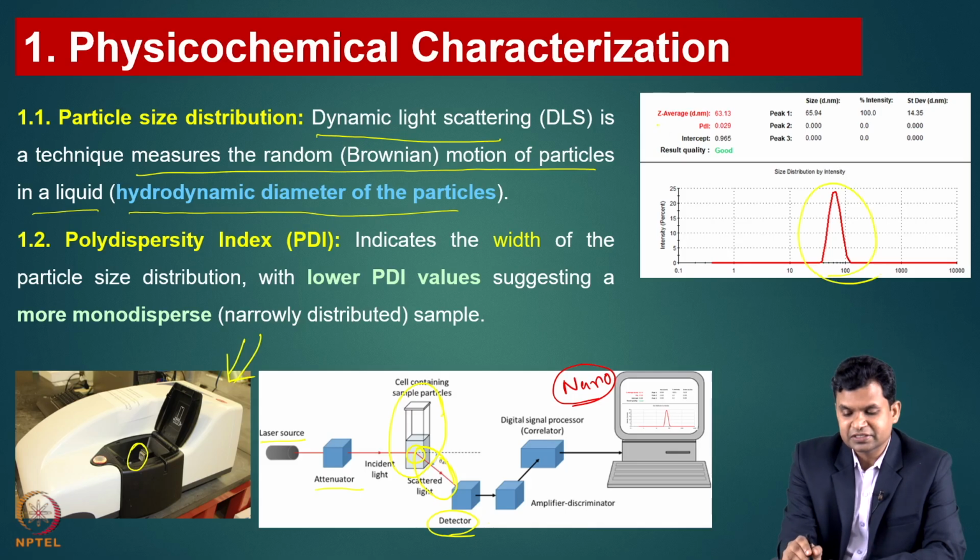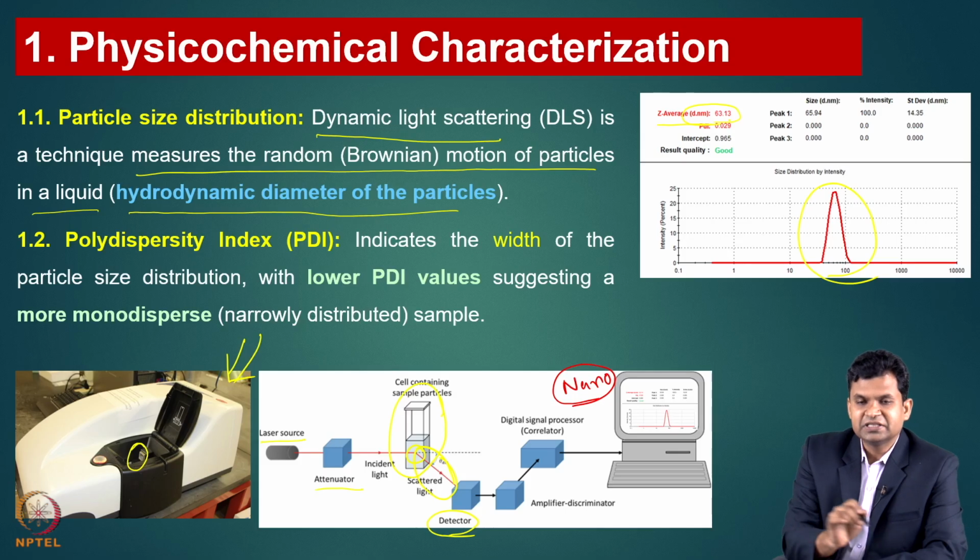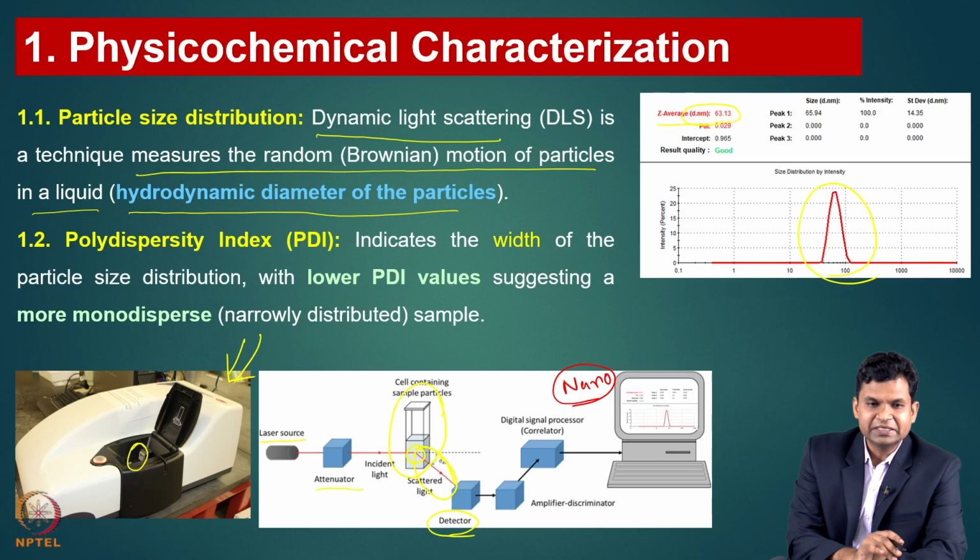Now, we can see the result, the Z average diameter in nanometers. In this picture, you can see the particle size is 63 nanometers.